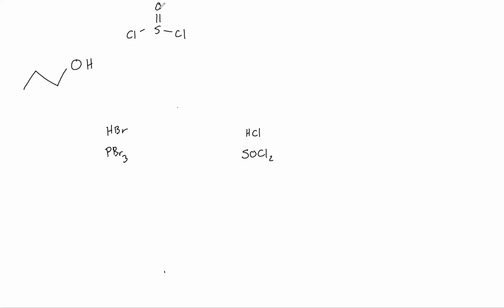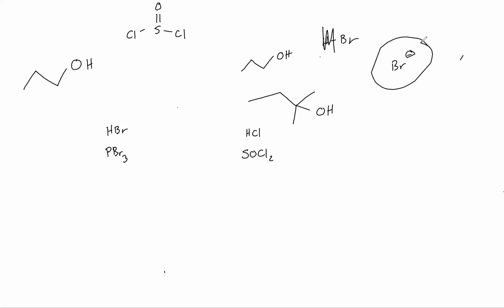Somebody asked, could HBr work in SN1? If we had a tertiary alcohol, then yes, technically HBr would have to go through SN1. But generally, the problem with using HBr in SN1 is that Br negative, which is what we get after we remove the hydrogen, is a really strong nucleophile.